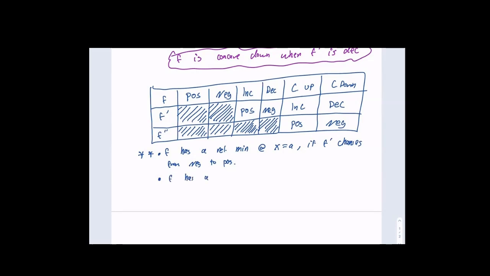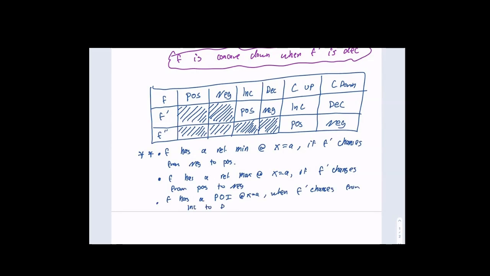F has a relative max at x equals a if f prime changes from positive to negative, and f has a point of inflection when the function changes from concave up to concave down, at x equals a, when f prime changes from increasing to decreasing or decreasing to increasing.